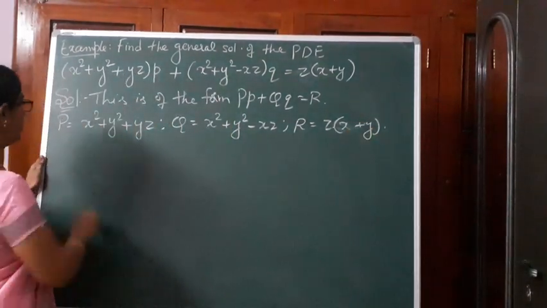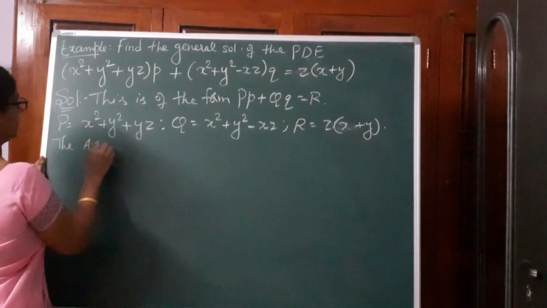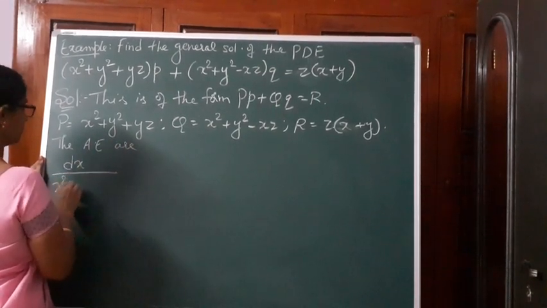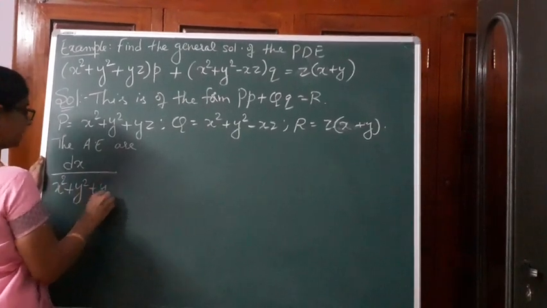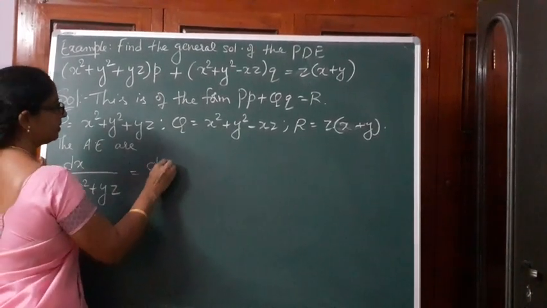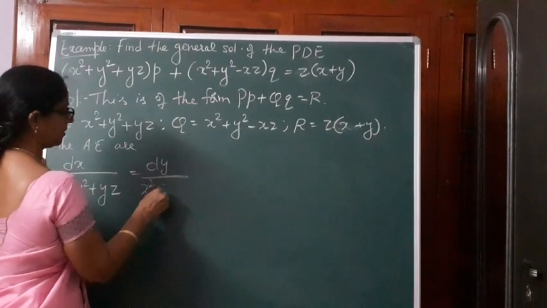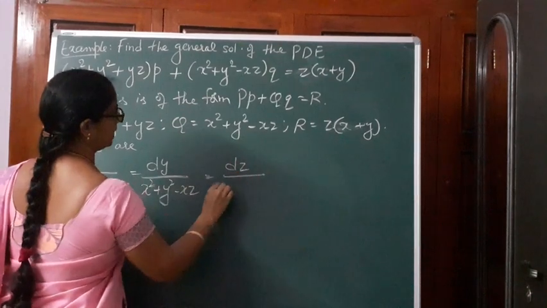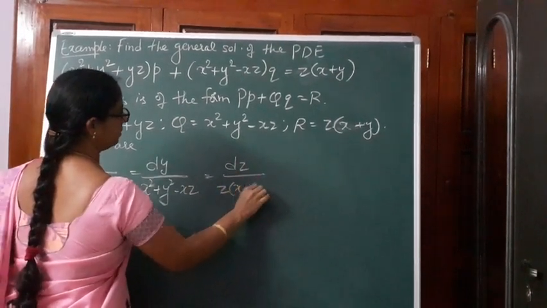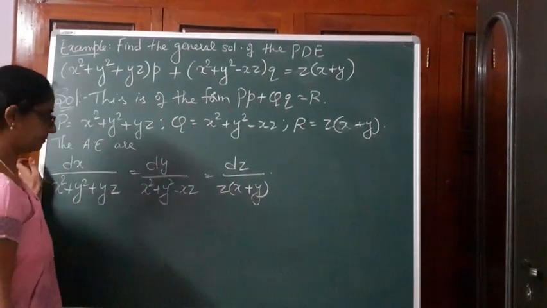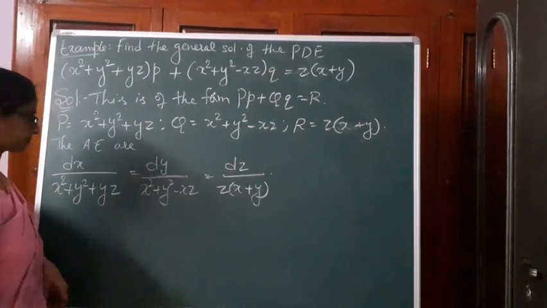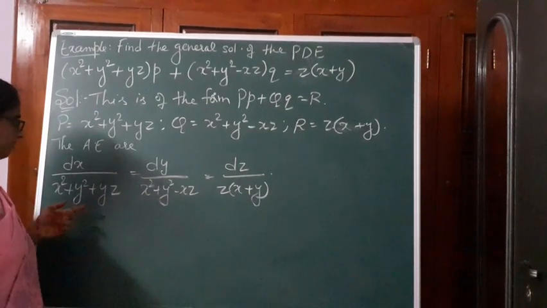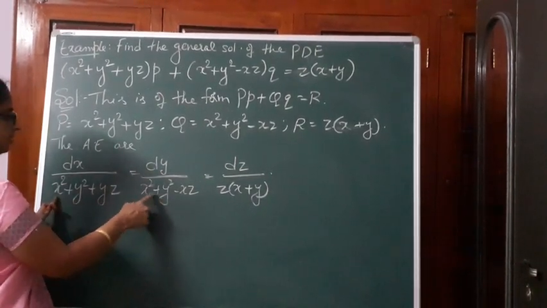Now we take the auxiliary equations. The auxiliary equations are dx by P, that is x square plus y square plus yz, is equal to dy by Q, x square plus y square minus xz, is equal to dz by R, z into (x plus y). So we have to go for multipliers here. So here if we check, we have x square plus y square, x square plus y square.